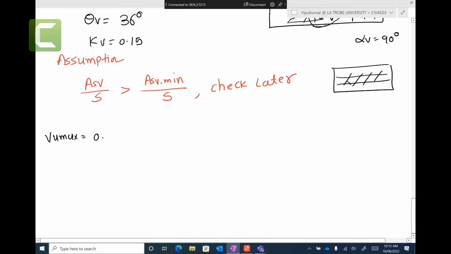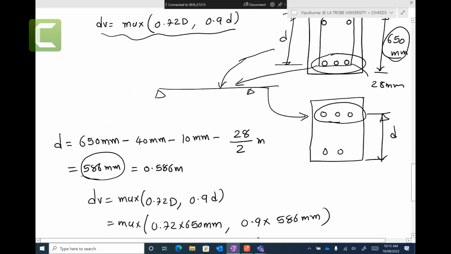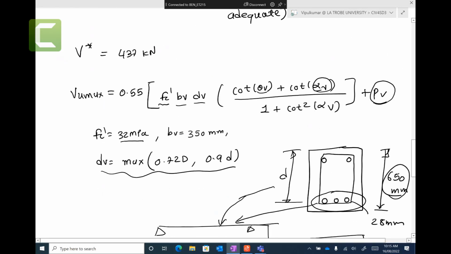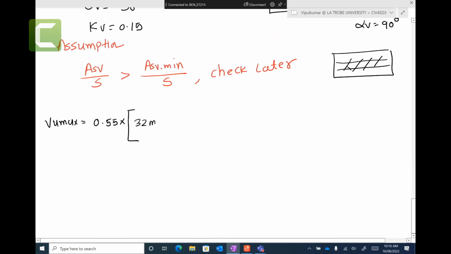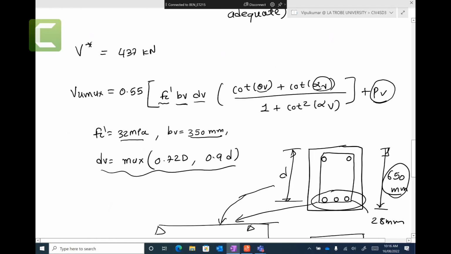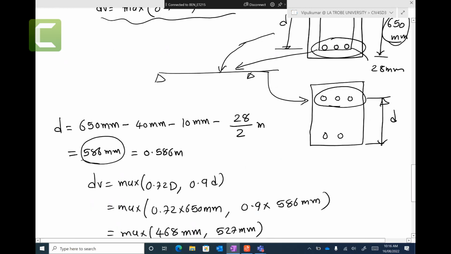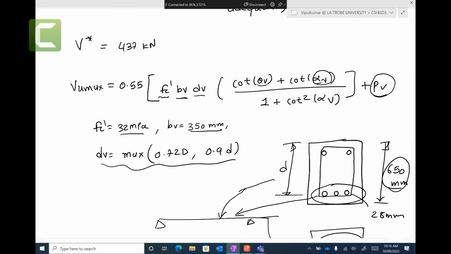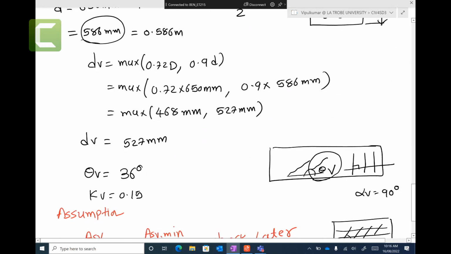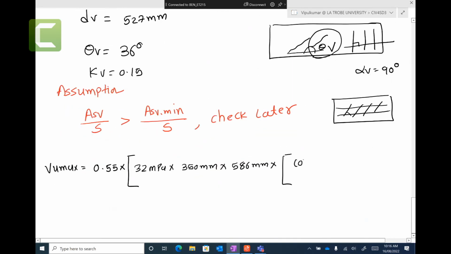VU maximum equal to 0.55 times, I'm using these equations, 32 megapascals times 350 millimeters BV, and DV we calculated 586 millimeters, 586 millimeters times cot 36.